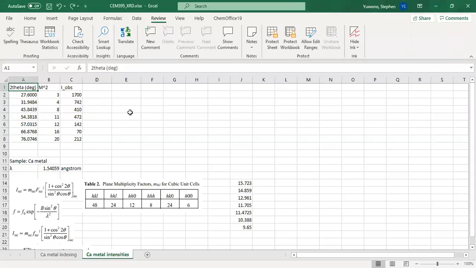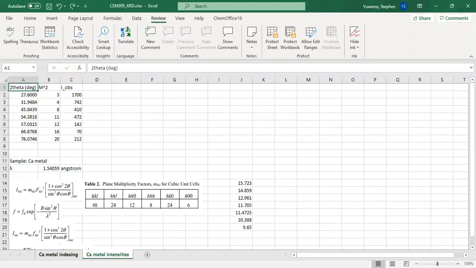Before we start, I would like to mention a couple of things first. The first one is that it's a good idea to keep your calculation clean using different spreadsheets. In this case, I have one spreadsheet for the indexing, one spreadsheet for the intensities.